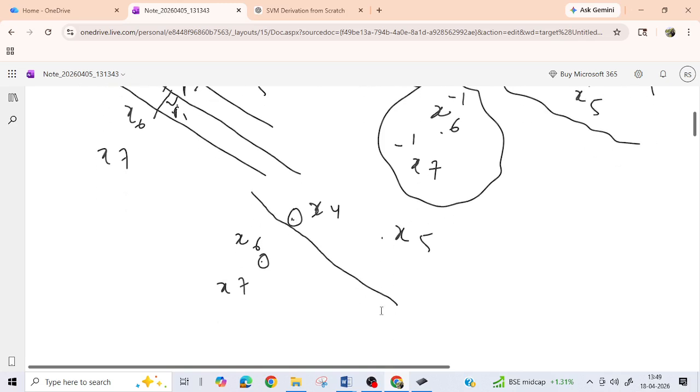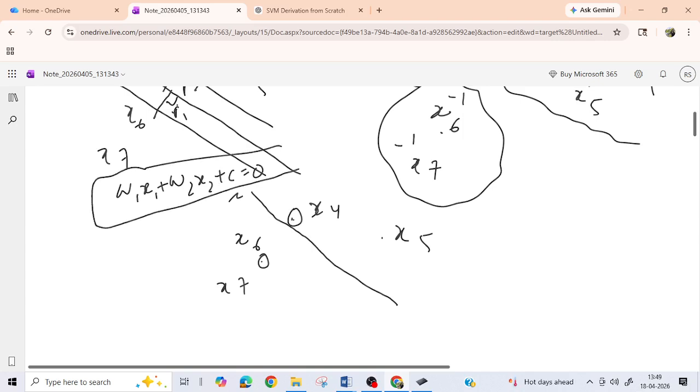It still classifies correctly. Let's say the equation of the line is w1 x1 plus w2 x2 plus c equal to 0. If we put the value of x4, that is w1 x4 plus w2 x4 plus c, this would still be fine because it is greater than 0.